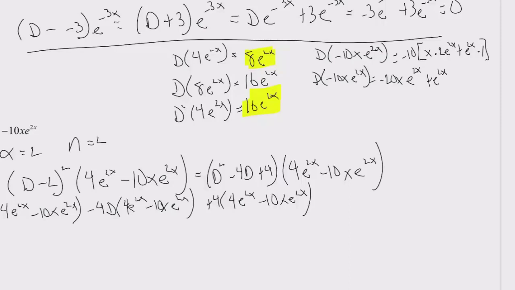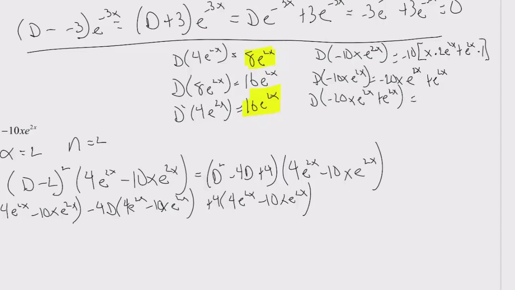Then I want to take the derivative of that: negative 20x e to the 2x plus e to the 2x.